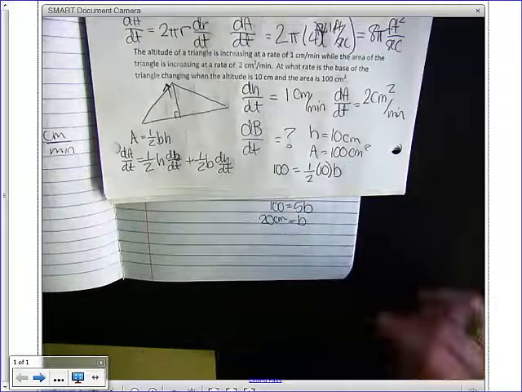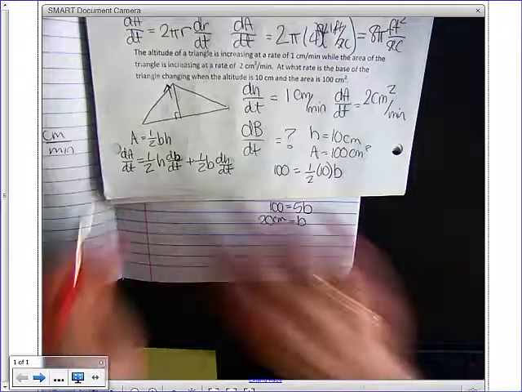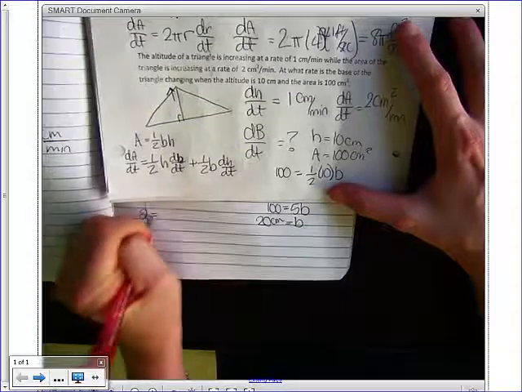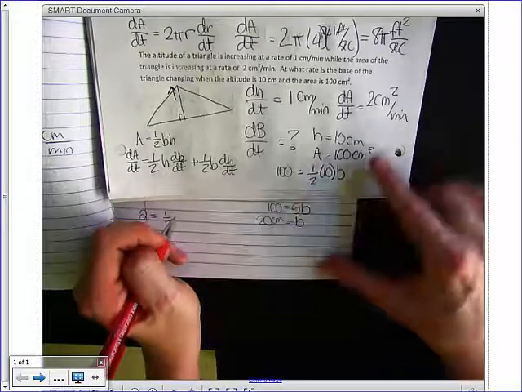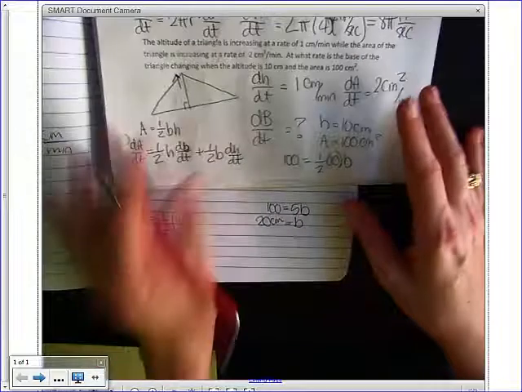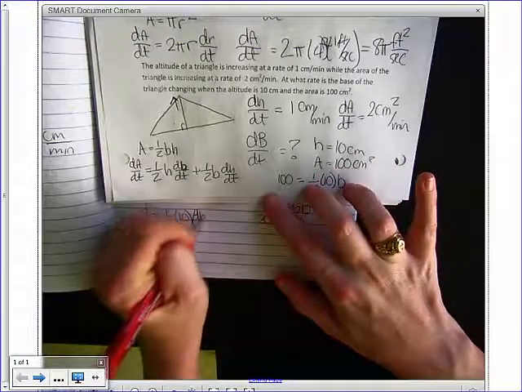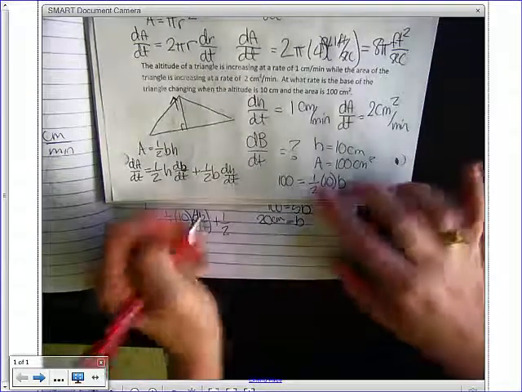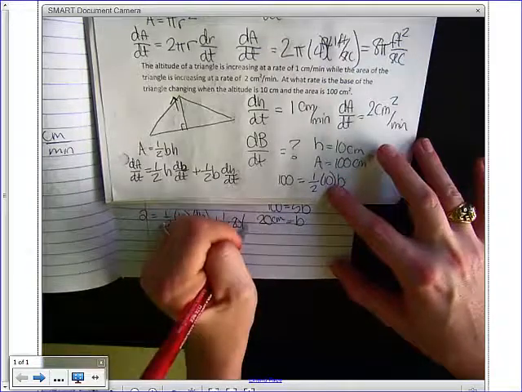So now let's plug it all in. I have my base, I have my height, I have my area, I have my dH/dt and my dA/dt. So dA/dt is 2, so we're going to say 2 equals 1/2 times, well, what's my height? My height is 10. dB/dt, oh, that's what I'm looking for, plus 1/2 my base, which we just found out is 20, times dH/dt, which is 1.